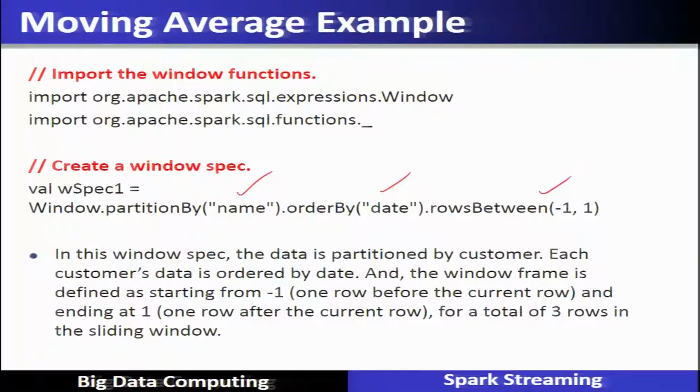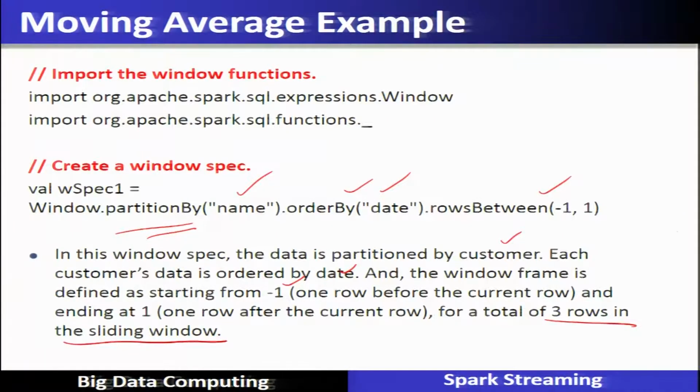So -1 and 1 means in this window spec, the data is partitioned by the customer, and each customer's data is ordered by the date, and the window frame is defined as starting from -1, that is one row before the current row, and ending at 1, that is one row after the current row. So in total, there are 3 different rows considered in the sliding window.